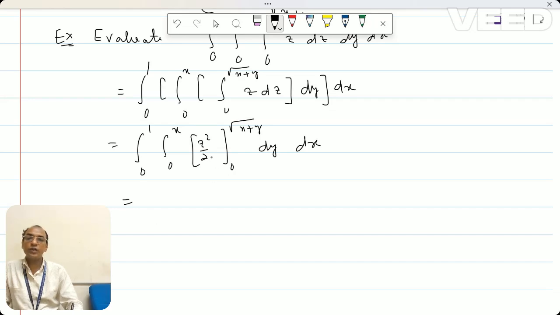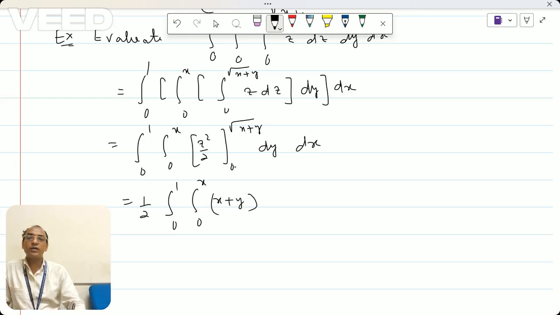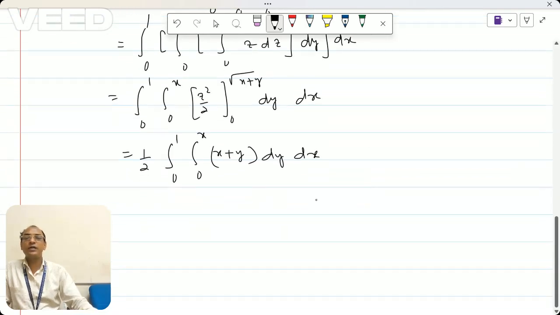So 1 by 2 is constant, I can take it out. So integration 0 to 1, integration 0 to x. Now if I put the upper limit, z square means root over of x plus y whole square. That will be nothing but x plus y, and z is 0 means that will be 0, so no lower limit. Then I will integrate it with respect to y and finally I will integrate it with respect to x.